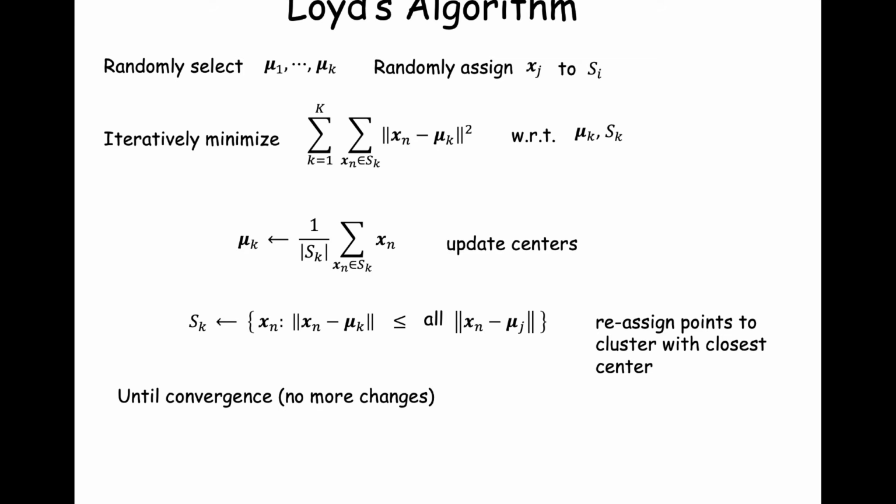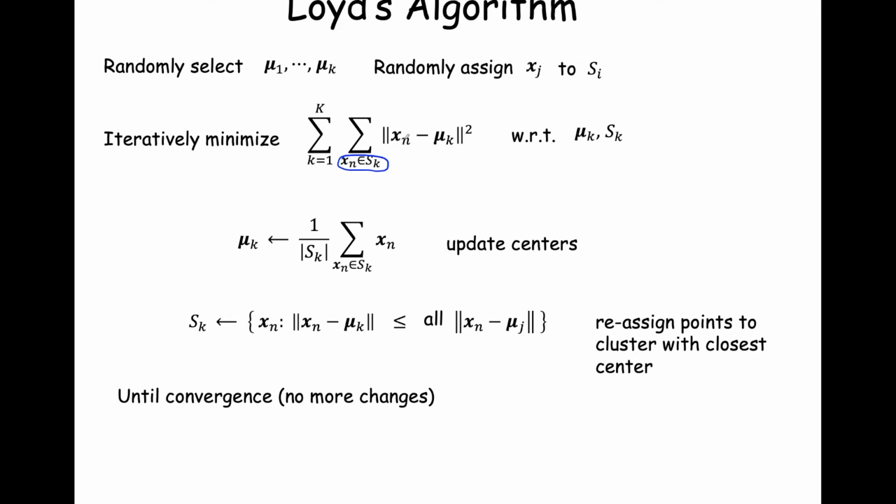So then we iteratively minimize this cluster objective. And what does this cluster objective say? Well, let's take a look at this. We have a double summation, and on the inner summation, you'll see each of the data points x that are in the kth cluster, little k.